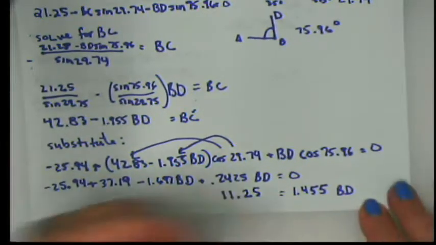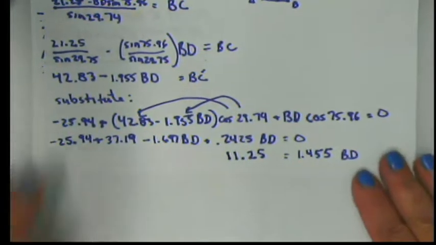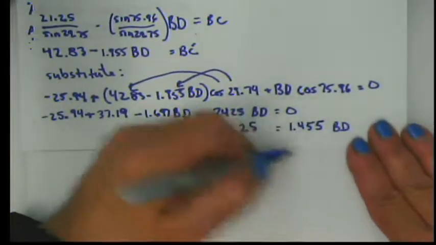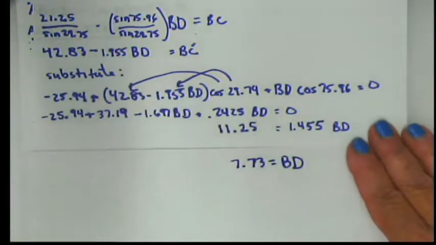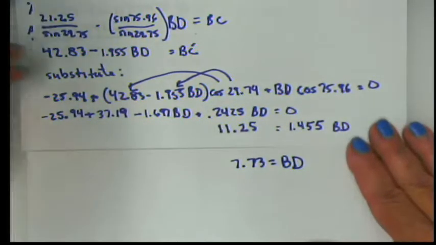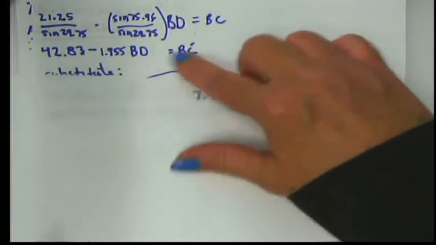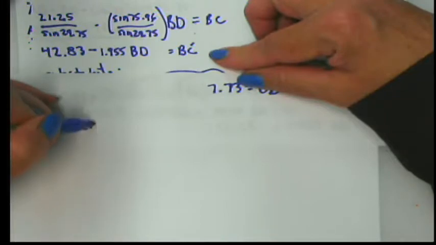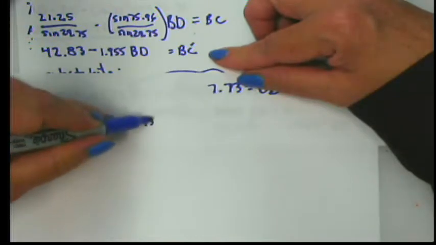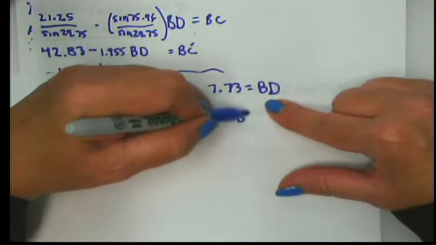Now we're ready to solve for BD, because all we have to do is divide both sides by 1.455. 7.73. All right, very good. And then we can go back to our equation for BC, our most simplified equation, which is right here, right? And we can say then 42.83 minus 1.955 times BD, which is 7.73, equals BC.